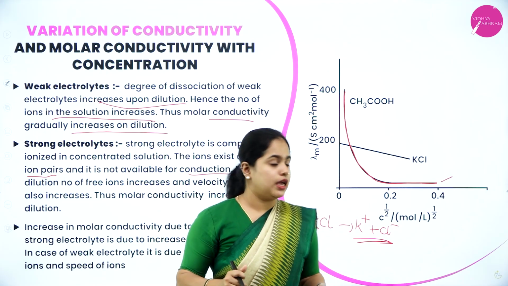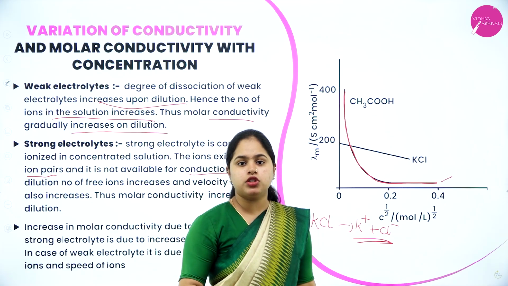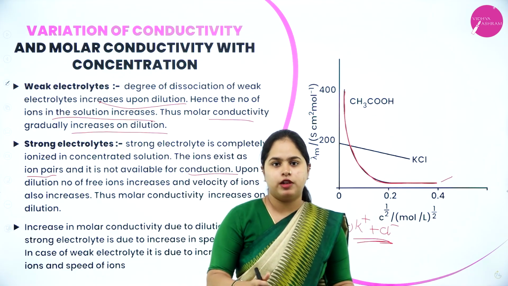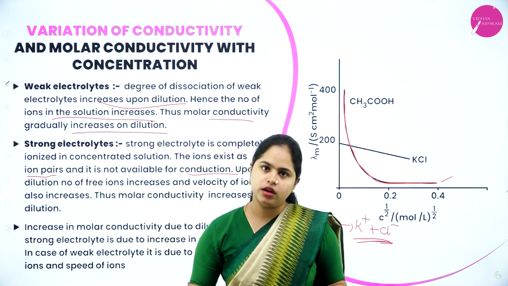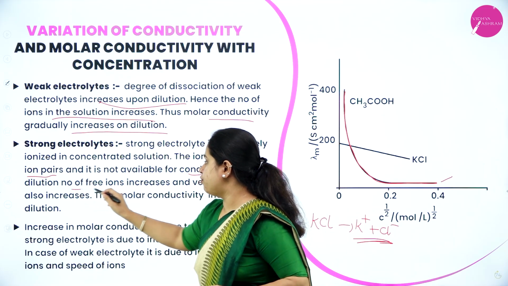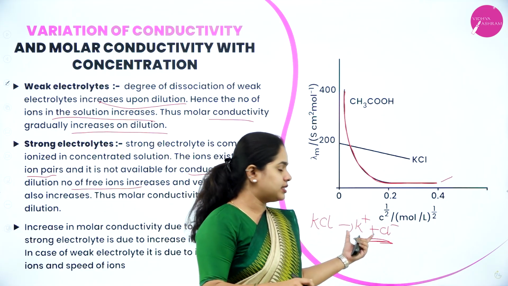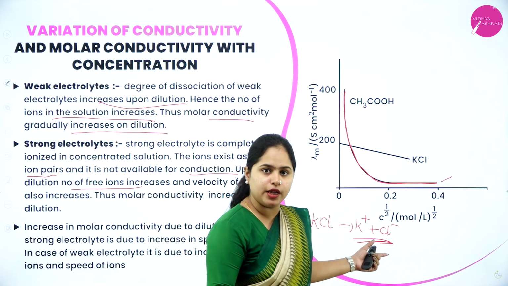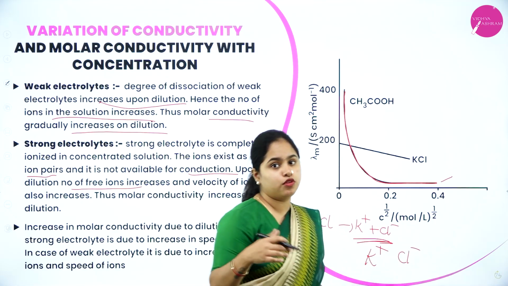So what happens when the dilution is increased? If it is diluted again, these pairs will break, and more ions will be available for conductivity. So upon dilution, the number of free ions increases. The ion pairs break, and the K plus and Cl minus ions are available for conduction.